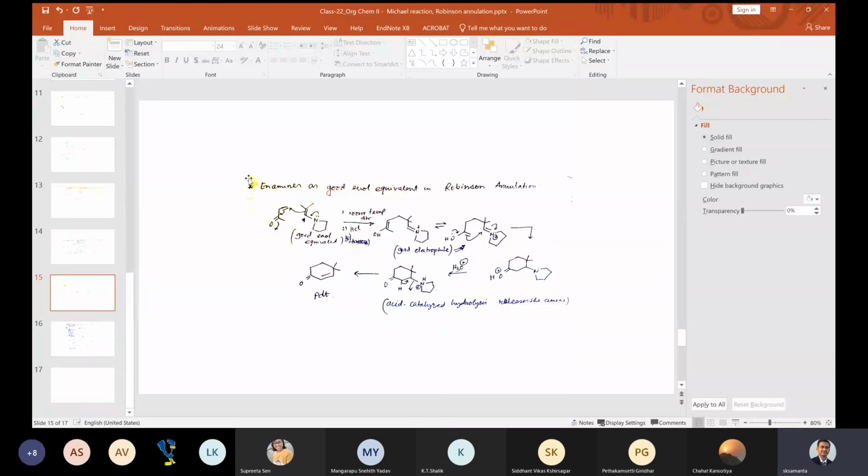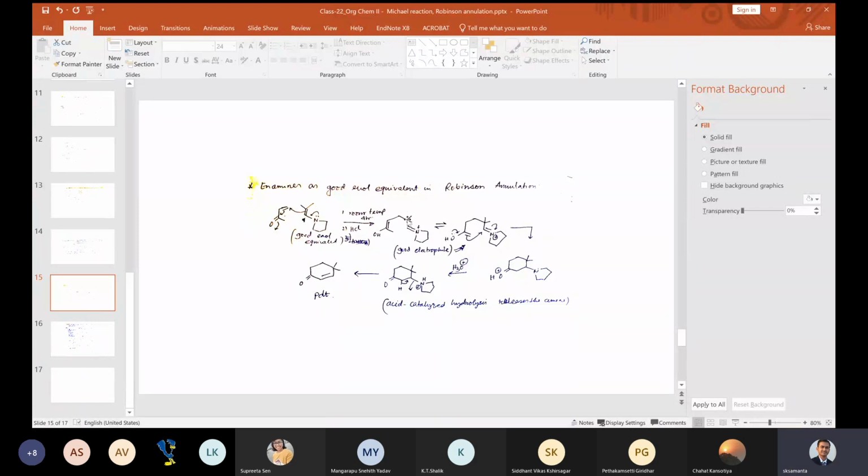But these enamines are also very good for the Robinson annulation as well. This example will show it very clearly. So this is kind of an enamine that we have seen before. This double bond comes, this enol could attack this center, so that you get this kind of intermediate.